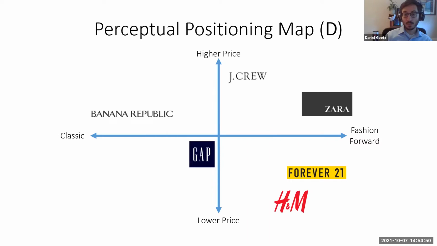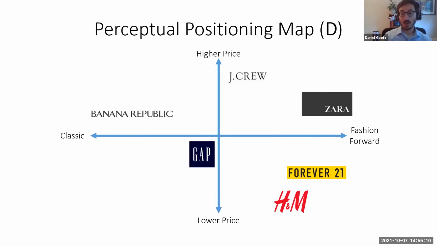So here's a map where maybe we learn a bit more, right? We have price still on the y-axis, and then on the x-axis, we have more classic style clothes, and then more fast fashion type clothes, right? There are other x variables, other attributes that we could have chosen.